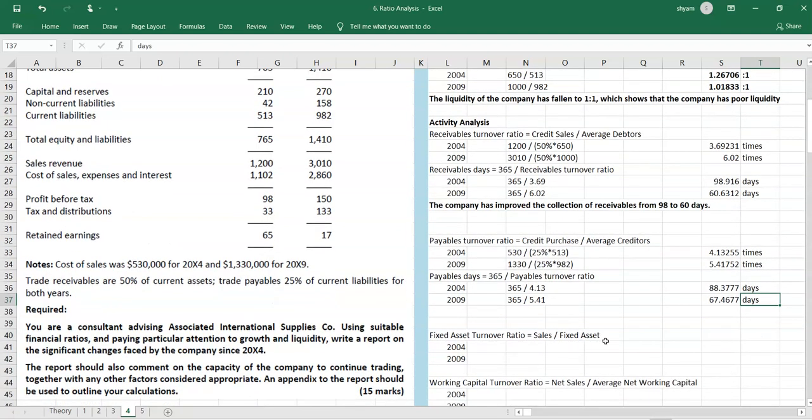Okay, so if you see here, the company is prompt in paying the money. Earlier they took 88 days to pay.